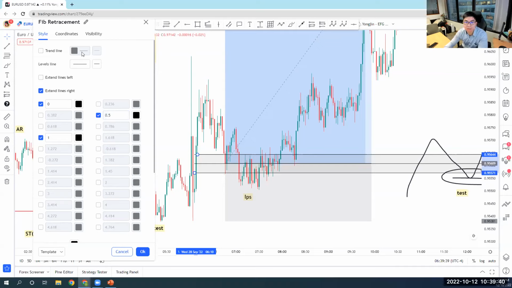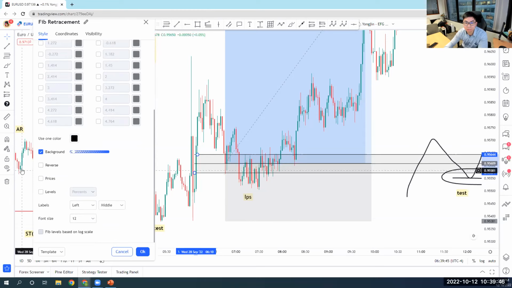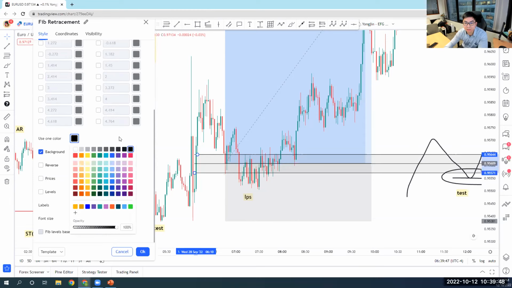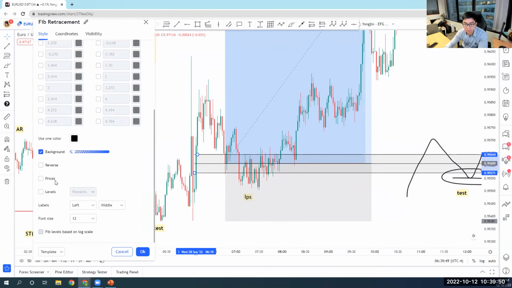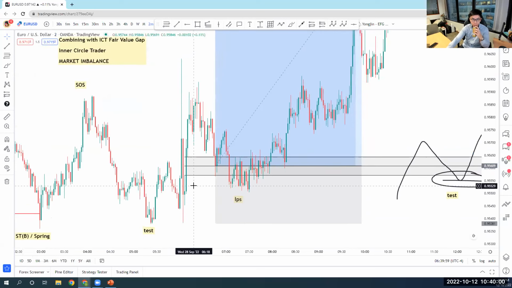I do not tick the trend line; my line level is a normal line. Scroll down, background, use one color. I do not check the others, I leave it as that. So we have a very, very nice, clean Fib. Very nice and simple, clean Fib.